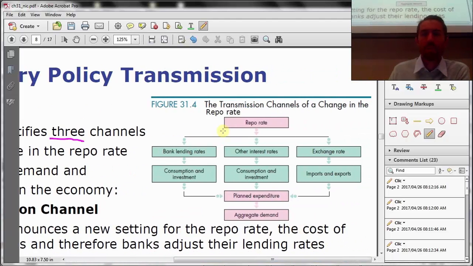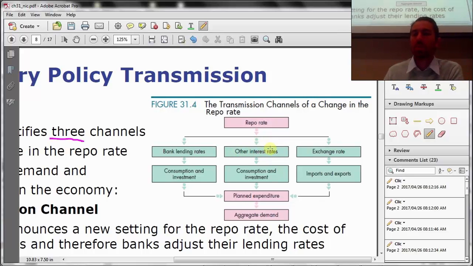Okay? When the Reserve Bank changes the repo rate, it affects the rate at which banks borrow and lend money. Right? So it affects the rates that banks charge and the rates that they pay on deposits. It also affects any other kinds of interest rates which are usually linked to the bank interest rates.